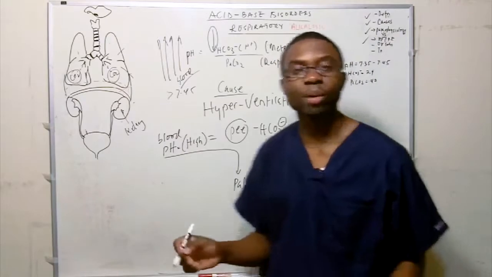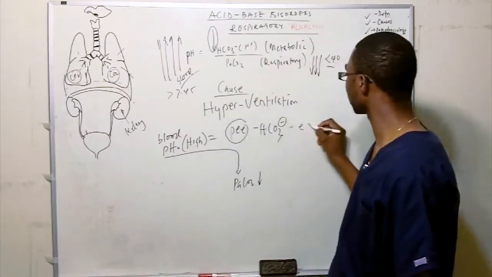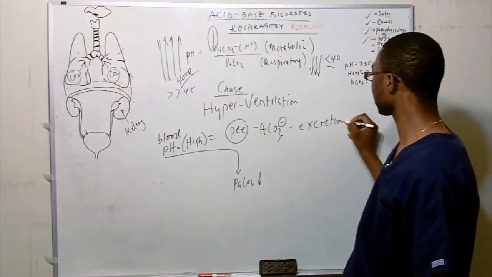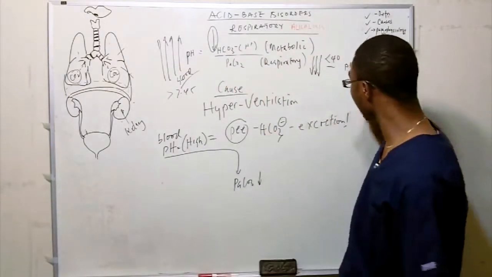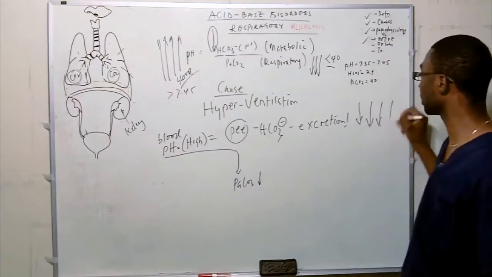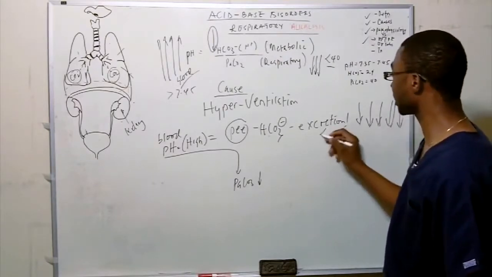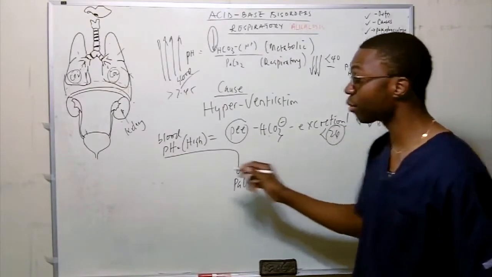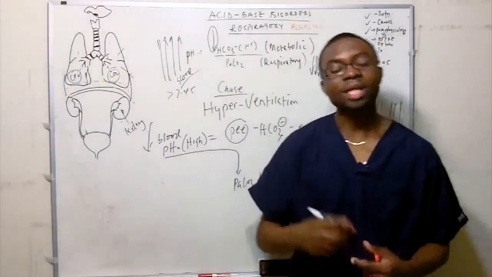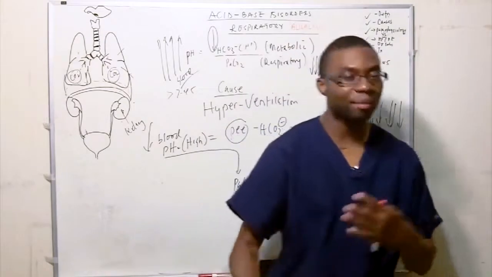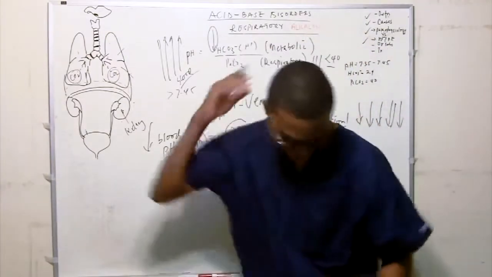We lose bicarb excretion. That's how we're going to fix it. So metabolically, if I keep peeing this out and my bicarb is decreasing and decreasing, less than 24, what will happen to my pH? My pH will start to drop down slowly, because that's how the body compensates. It's all compensations. You scratch my back, I scratch your back.